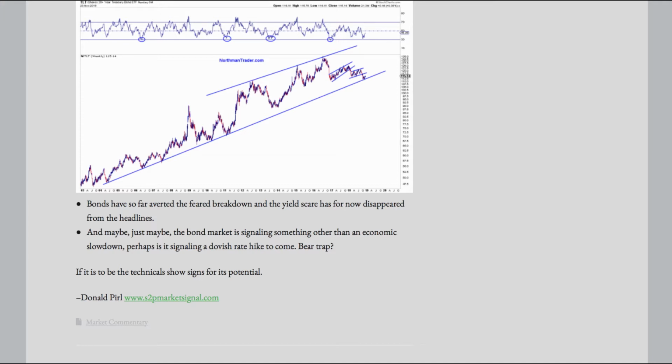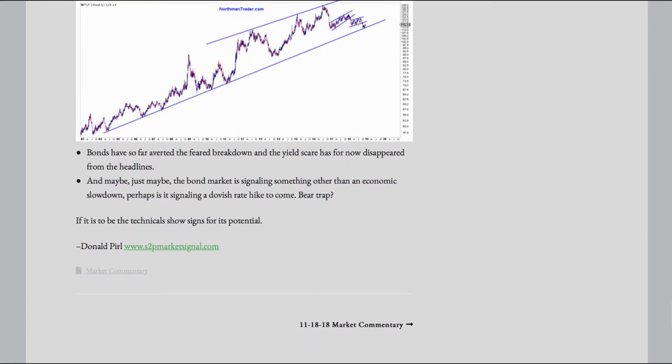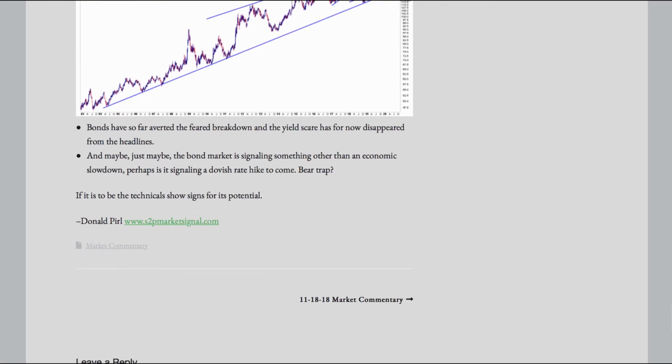And maybe, just maybe, the bond market is signaling something other than an economic slowdown. Perhaps it is signaling a dovish rate hike to come. Bear trap? If it is to be, the technicals show signs for its potential.